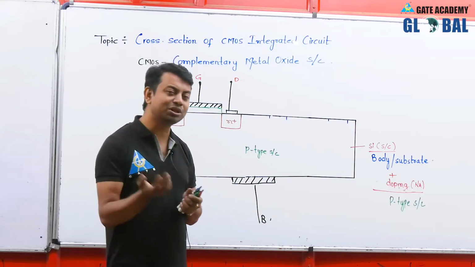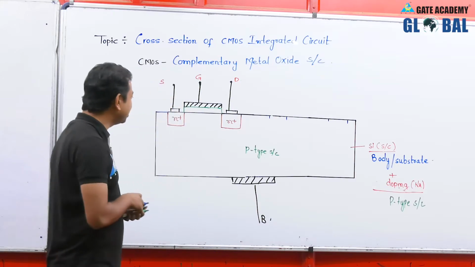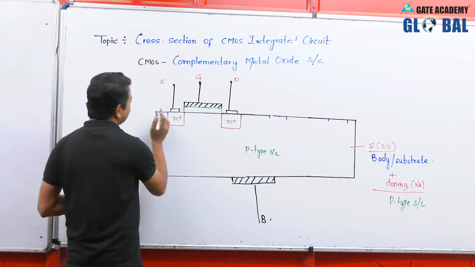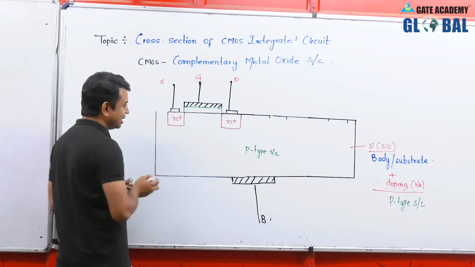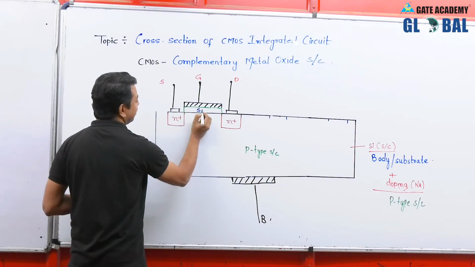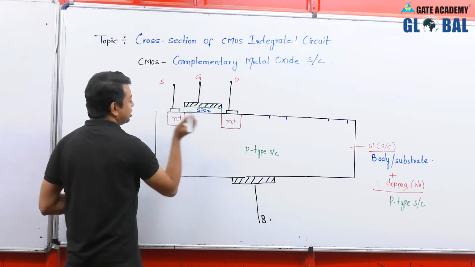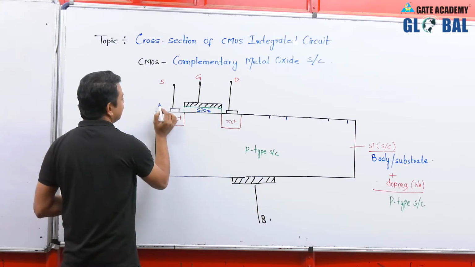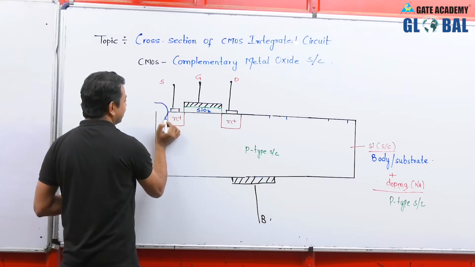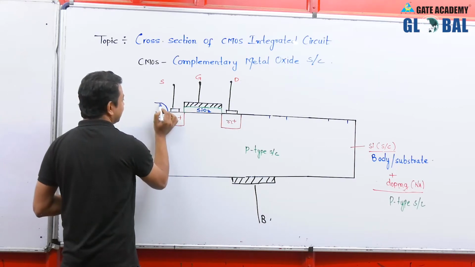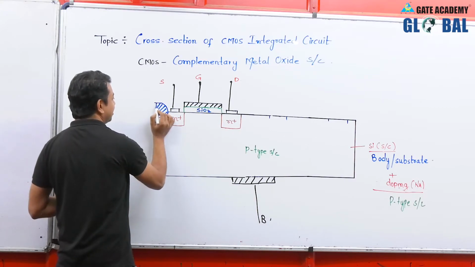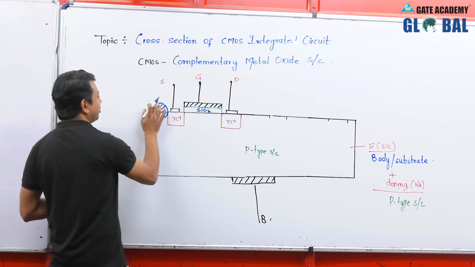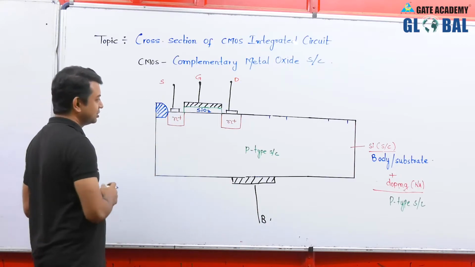For isolating one CMOS from another, we use isolation techniques. And for this isolation technique, since we know that silicon dioxide is a very good insulator, we are using a thick layer of silicon dioxide here. This thick layer of silicon dioxide has been used at the corner of this particular CMOS.